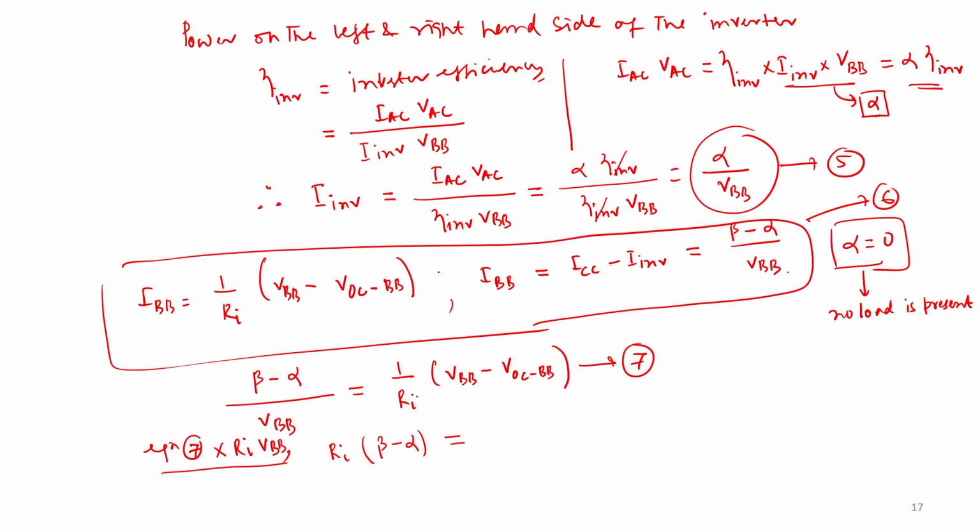This VBB goes off, then here RI will go off, then what we will have is VBB square minus VBB multiplied by VOC BB. Okay. So, if we rearrange it, it is something like VBB square minus VOC BB times VBB, then minus RI times beta minus alpha is equal to 0.